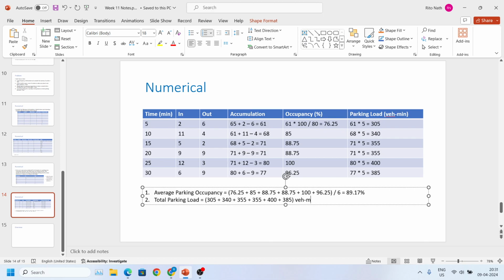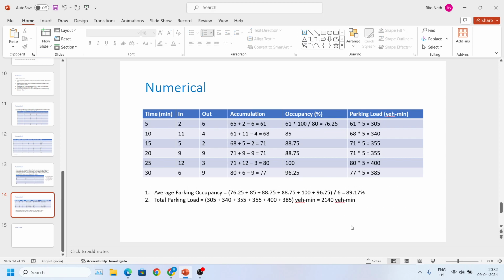This is in vehicle-minutes, and it comes out to be, let's check. Okay, I'll just calculate it. It comes out to 2140. Okay, so this is your answer.